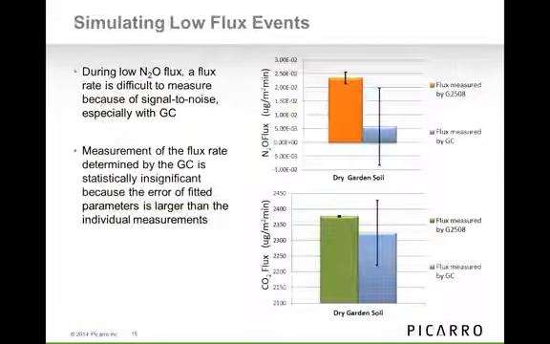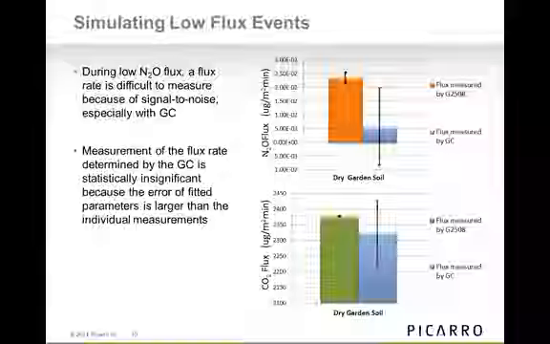So what these fluxes actually come out like, in a low flux event for just the first dry soil that we did, we see that for the GC on the right in the blue, for nitrous oxide, the error is actually significantly larger than the determined flux rate from just fitting to that. So we'd say that there's pretty much no flux and that it's not producing any N2O.